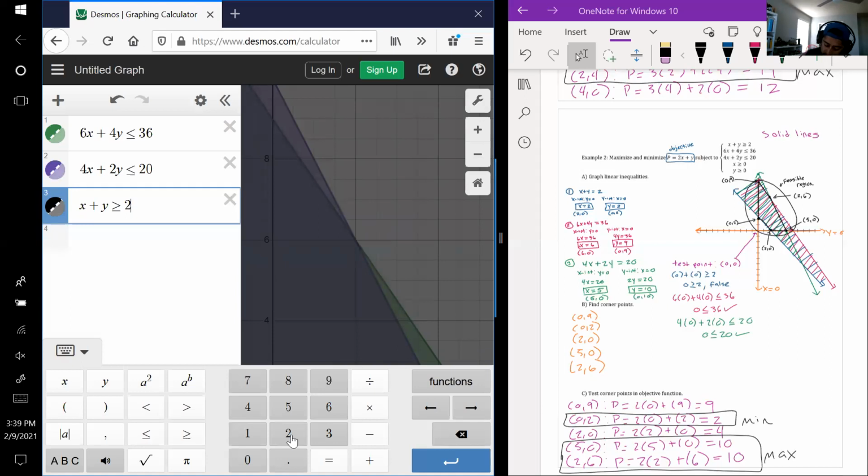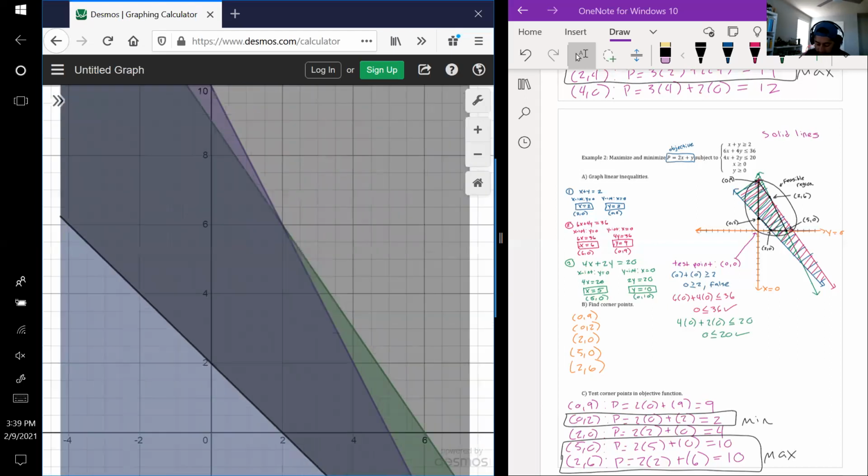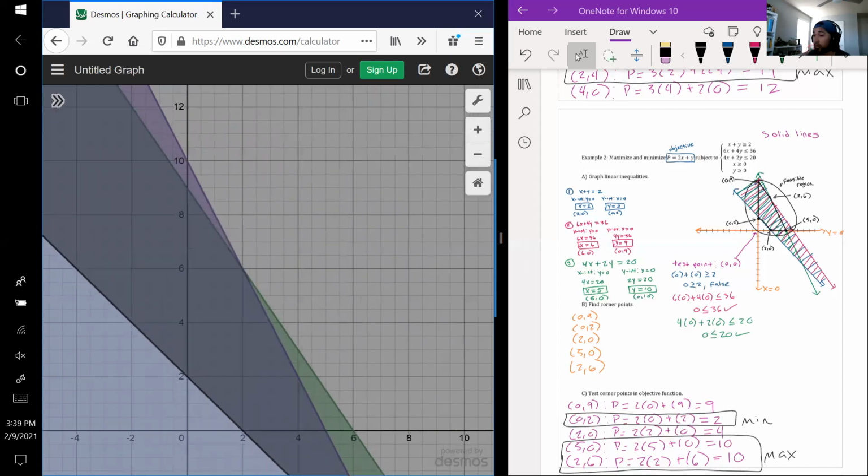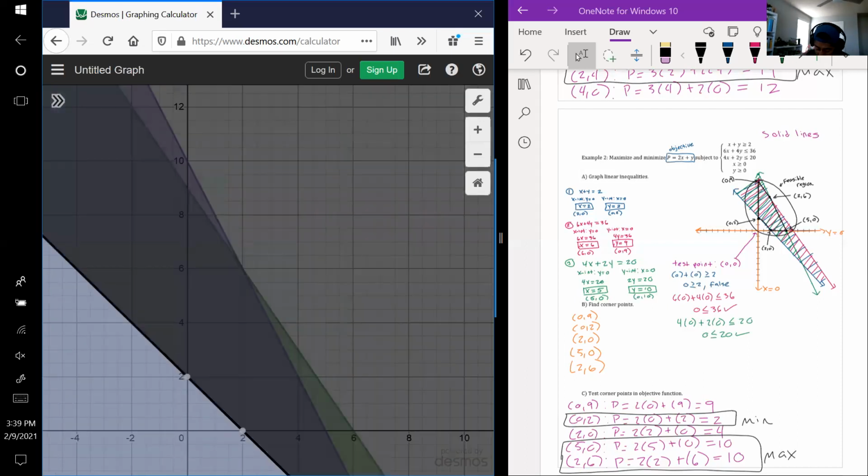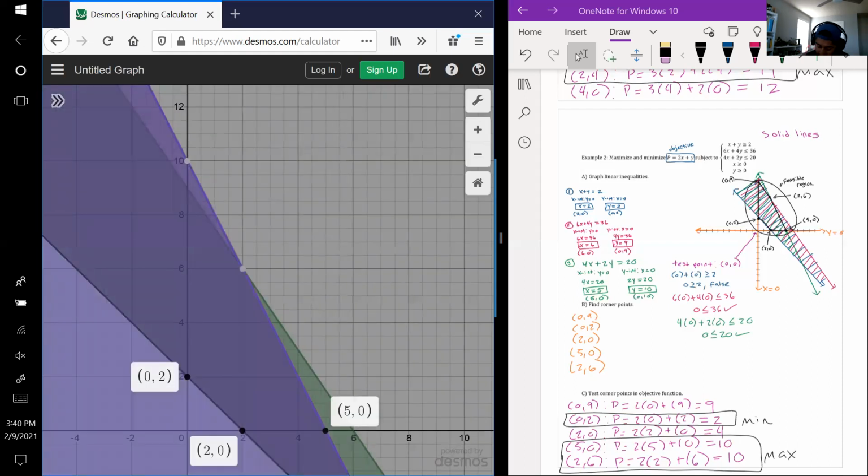This shows us where all our shadings are, and even our boundary points, corner points. So there's 0, 2, 2, 0, 5, 0, 2, 6, and then bam, 0, 9.